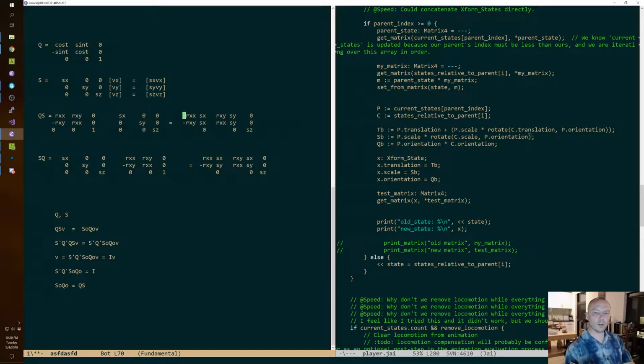I'm just going to look on the internet real fast. Swap order of rotation and scale transform. Oh boy, that is not really something you can search for. There's so much garbage information on the web about it.